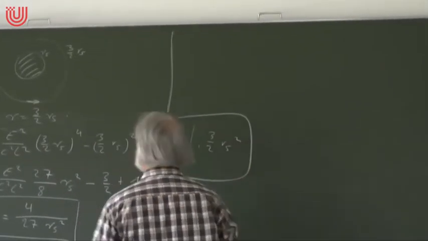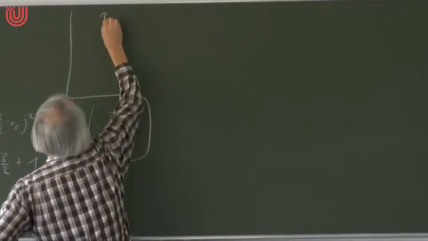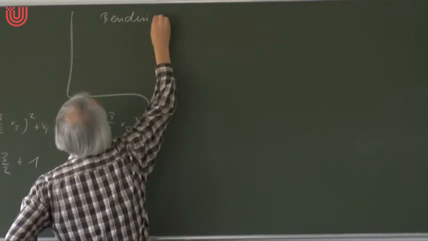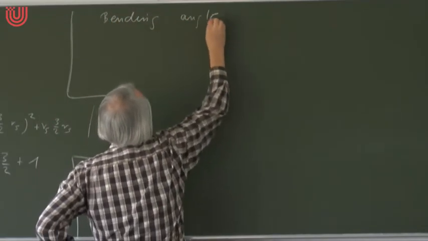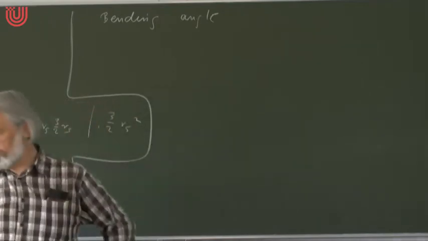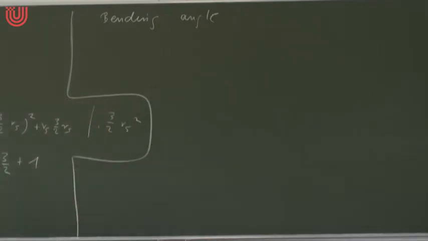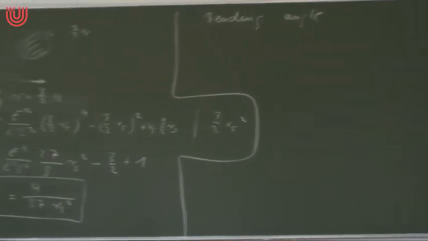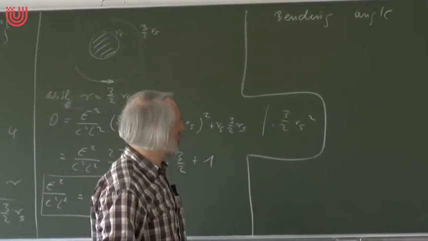Okay. So now I come to the bending angle. I think everyone knows the formula for the bending angle in the weak field approximation. That's what Einstein did in 1915, around that.